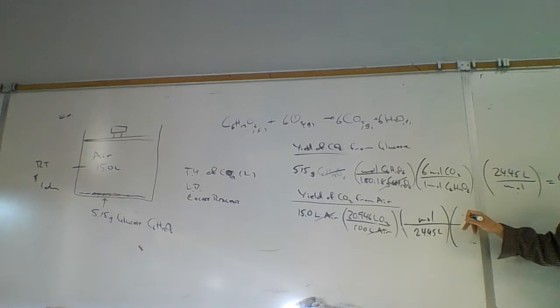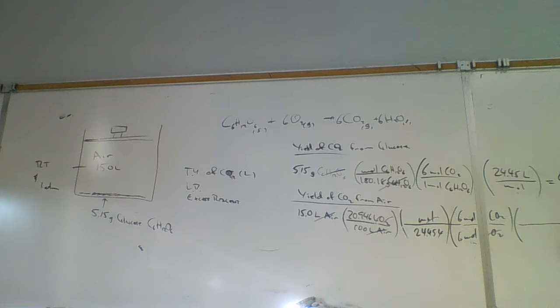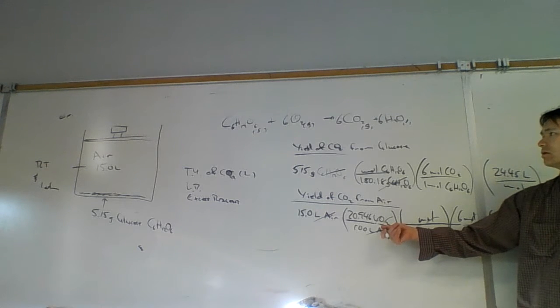And then from moles of O2, I'll go to moles of CO2. There are 6 moles of CO2 for every 6 moles of O2, so the moles of O2 cancel, leaving me with moles of CO2. Then there are 24.45 liters of CO2 for every mole of CO2, and I end up with liters of CO2. This is the long way. The quick way is just to do a liter to liter conversion.